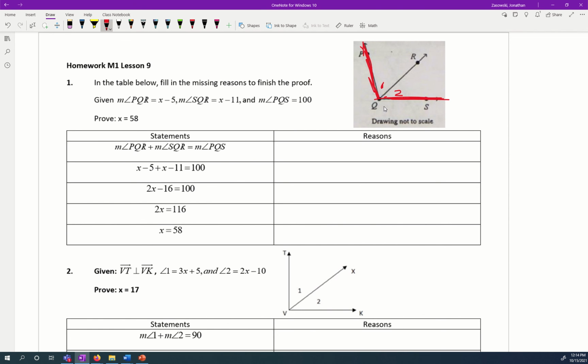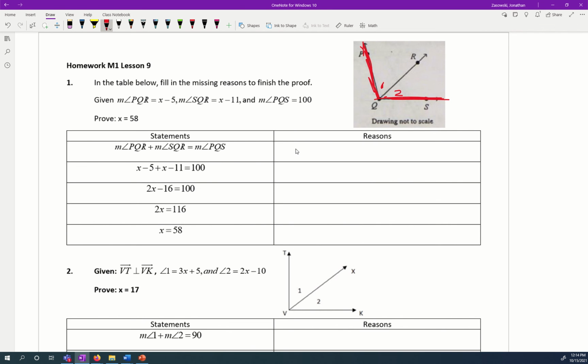So if I add two smaller angles that create this angle, you would agree that 1 plus 2 should equal this big angle right here. This is called, and on your note sheet, it's the second one on page 12 there. It's the second one on the left, but it's segments there. This is just angle addition.